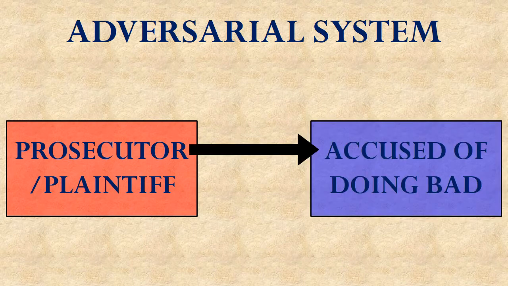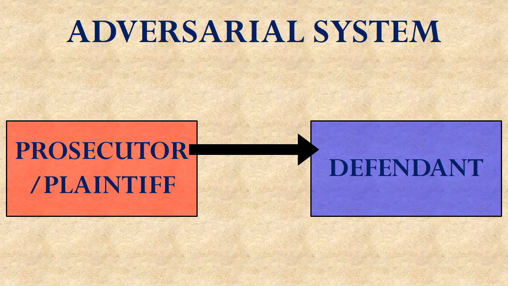Now, if we have somebody claiming that something was done wrong, there has to be the person that they're accusing of having done the wrong thing. When I say person, again, we have to be careful. The person involved here could be some other entity, for example, a corporation or a government agency or something like that. But there's some other party that's being accused of having done a bad thing.